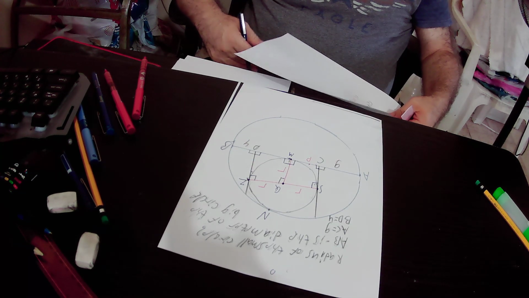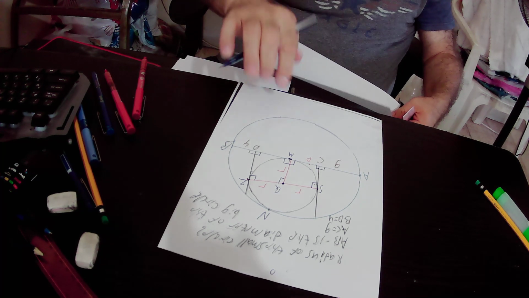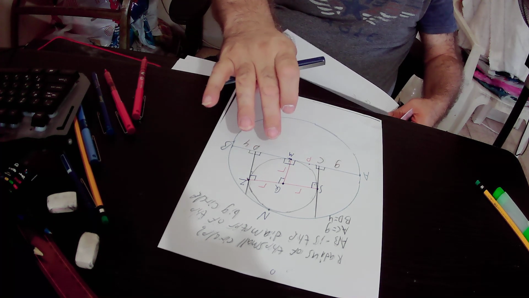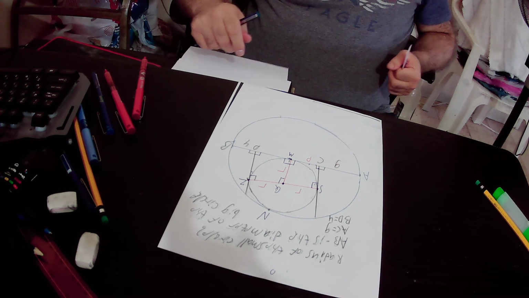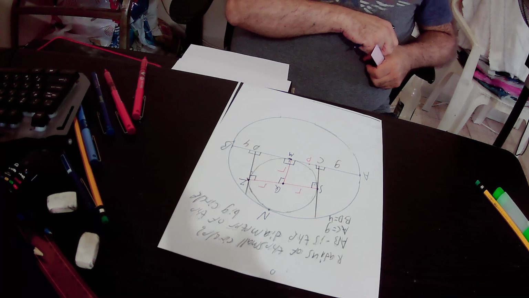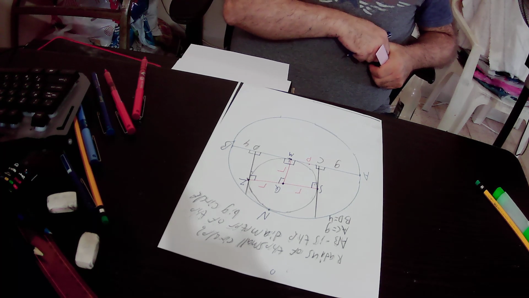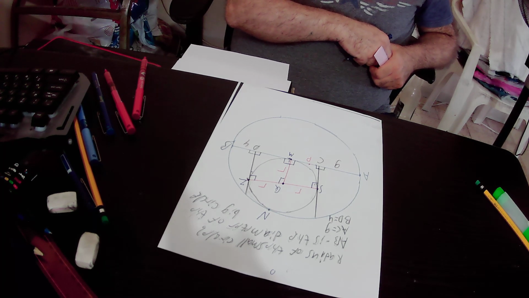So we know that quadrilateral QZMD is a rectangle, and we have rule number 4 that states that the opposite sides of a rectangle are equal to each other.